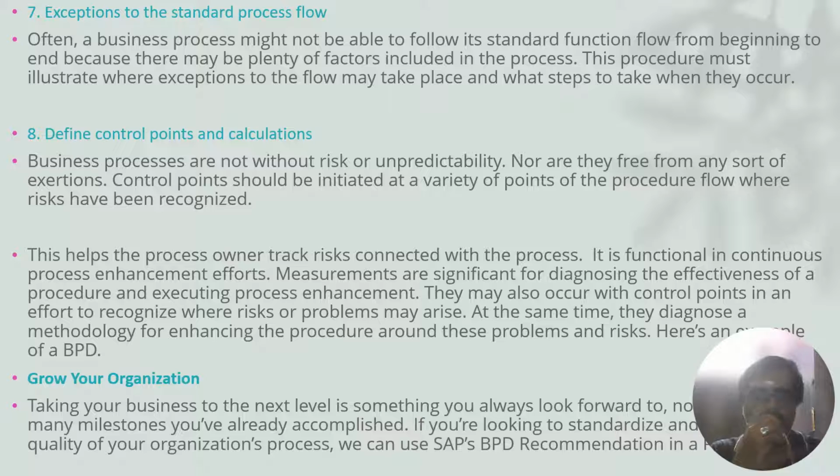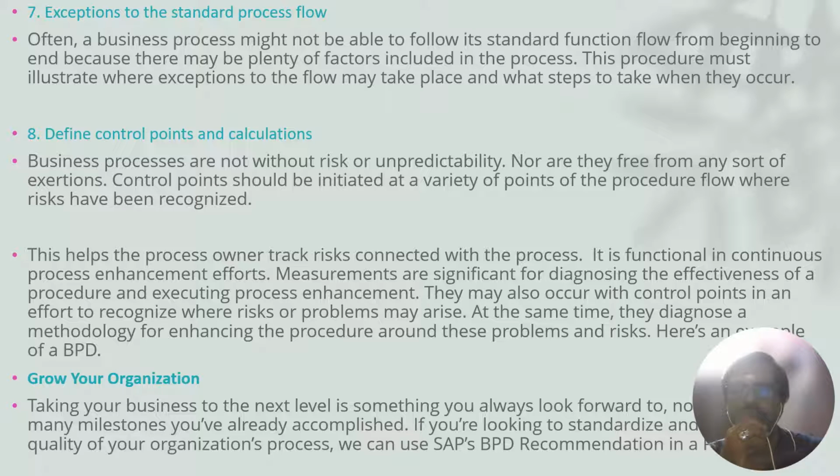Okay, and next thing, define control points and calculations. Normally business processes are not without risk. Any business should have some risk to be calculated, right? Those unpredictabilities or risks cannot be avoided and have to be mitigated.